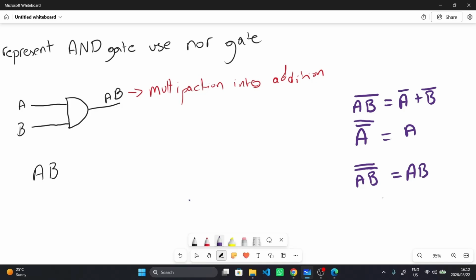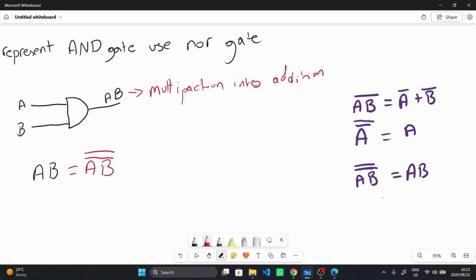We agree with that, correct? So now we can use this equation. What we can do is say A B is equal to A B complement complement, right?